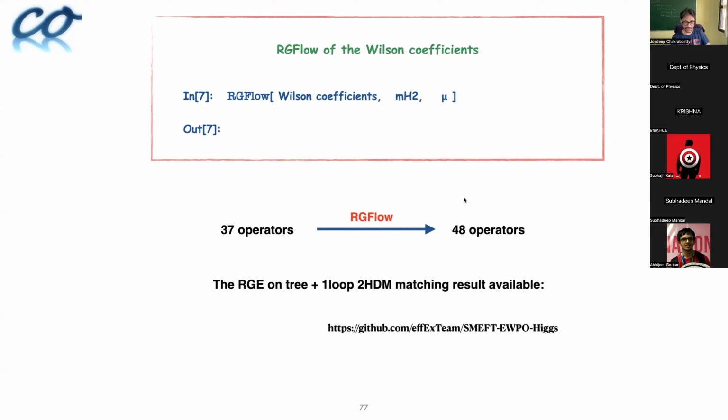The interesting part is that when they mix, you generate 11 separate operators, but their Wilson coefficients are functions of the same BSM parameters that appear in the Wilson coefficients of the 37 operators. So these are radiatively generated operators, not generated through integrating out. That was your question, right? Yes, thank you.